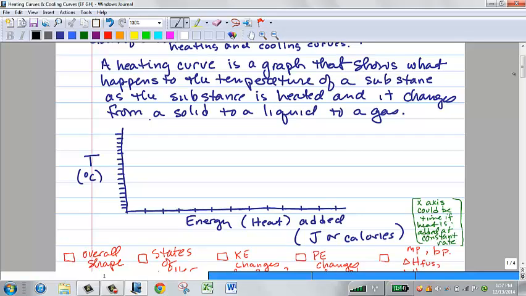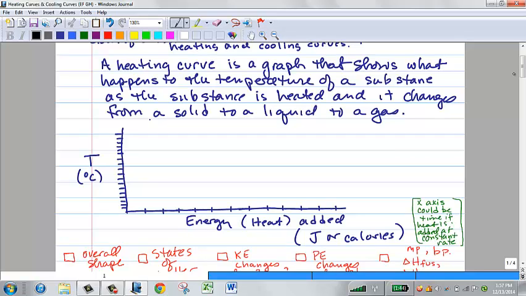Temperature is the dependent variable. We're measuring what happens to temperature as we intentionally add heat to the substance. So adding heat, or the amount of heat added actually, is the independent variable. Temperature appears on the y-axis as the dependent variable. You can measure in degrees Celsius or in Kelvin.